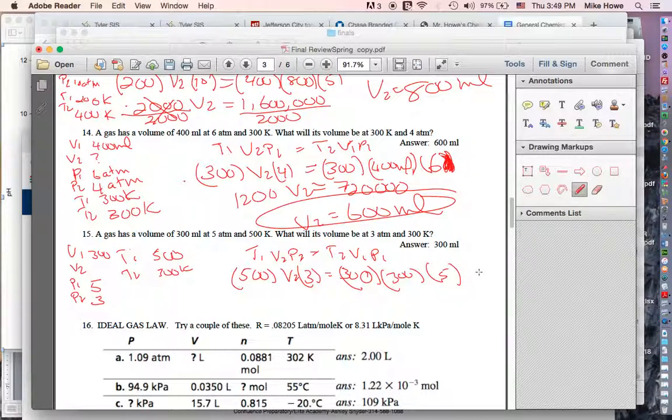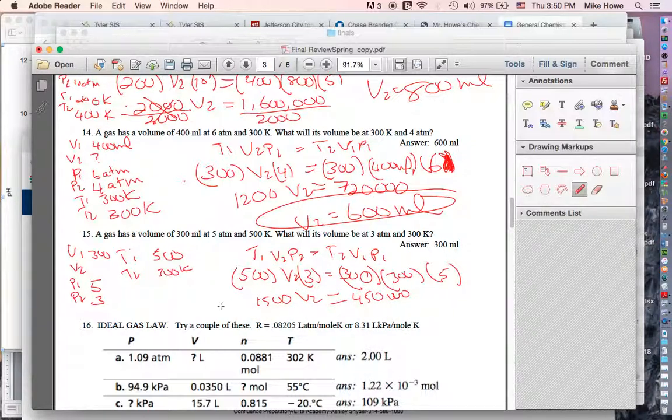All right, so we have 300 times 300 times 5, we're going to have 450,000, I'm shortcutting here, equals 1,500 V2. So now you divide both sides by what? Oops.